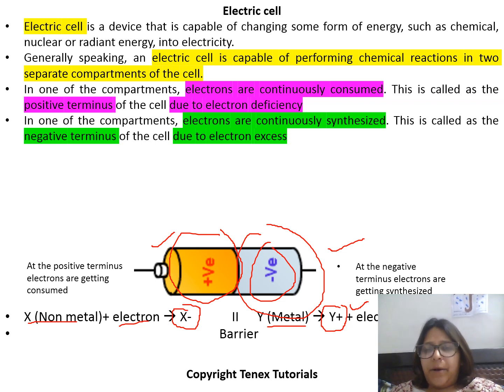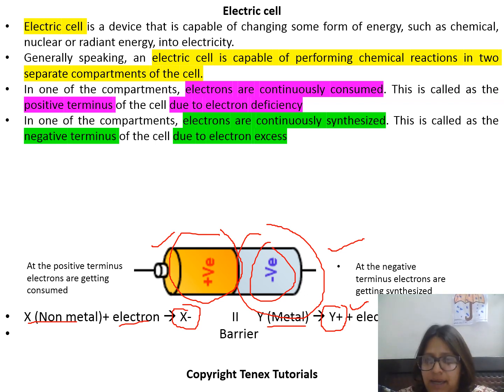Now, just before we discuss the diagram or the construction of this battery, I was telling you that electrons always flow from their higher concentration to their lower concentration.